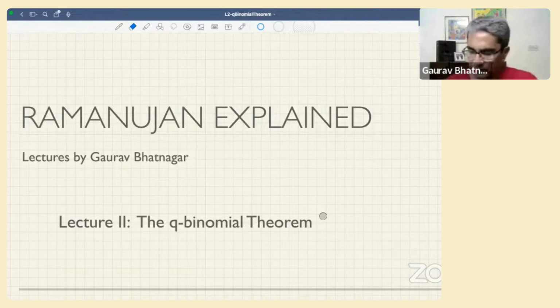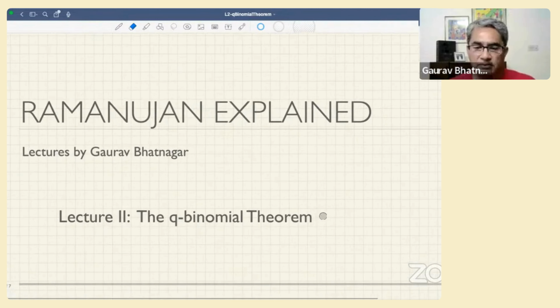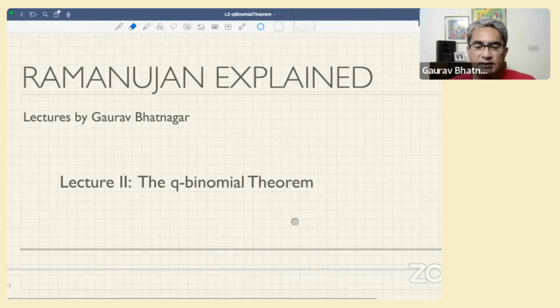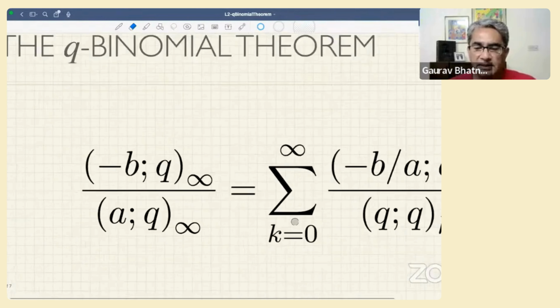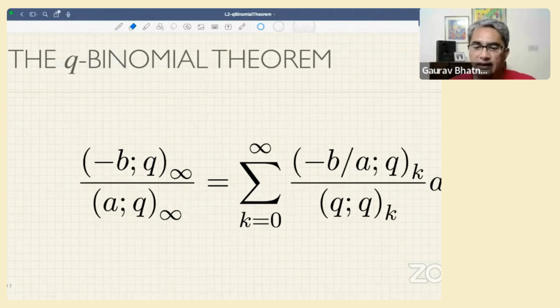So let me begin. This lecture is on the q-binomial theorem. It's the smallest of all the q theorems which Ramanujan had, and this is in chapter 16. This is what the theorem says, and I will explain what each of these terms mean, and we will prove it.